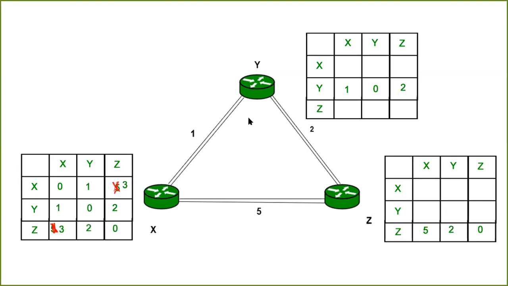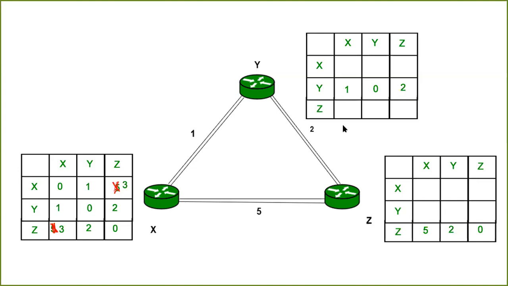Same way, you can see how Z also will update the information. Y is advertising a cost of 1 to reach X. So Z finds the link cost to reach Y, which is 2, plus the cost Y is advertising to reach X, which is 1.